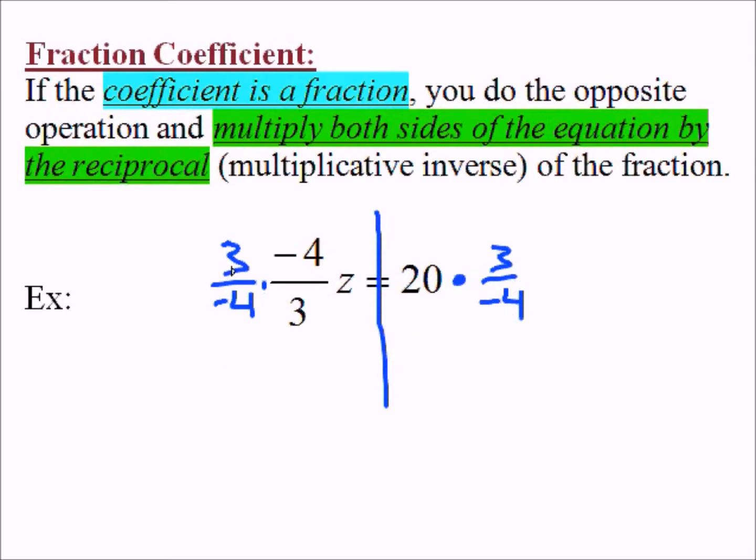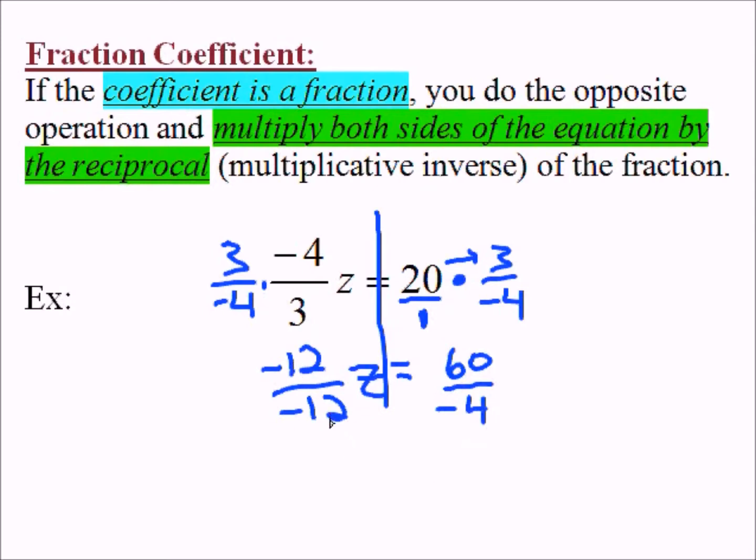This leaves us with 3 times negative 4 is negative 12 over negative 4 times 3, negative 12z, equal to. Multiply a whole number by a fraction, we put the whole number over 1. We multiply the numerators. 20 times 3 is 60. Over 1 times negative 4 is negative 4.